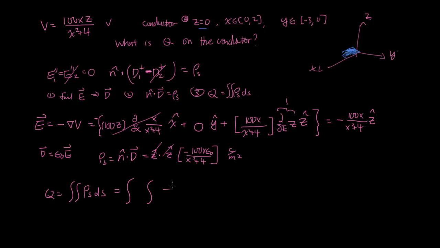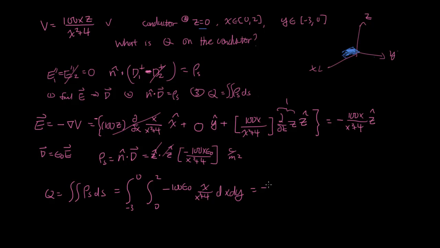Now we have minus 100 epsilon naught x over x squared plus 4 dx dy. If we're integrating across this area, x goes from 0 to 2, y goes from minus 3 to 0. Let's separate this out.